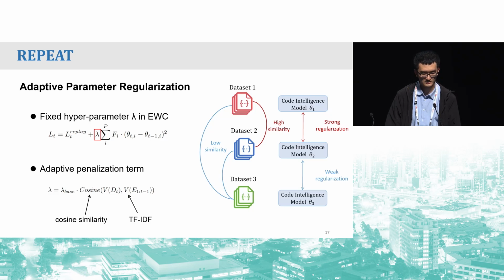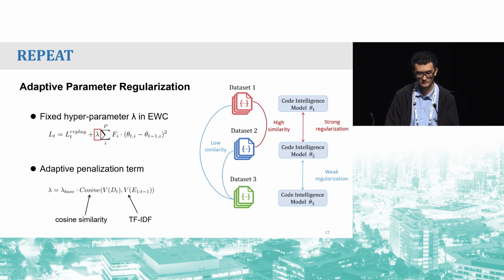And in the adaptive parameter regularization part, considering the popularity of code reuse in the process of software development, there might exist some similar code snippets in different datasets.